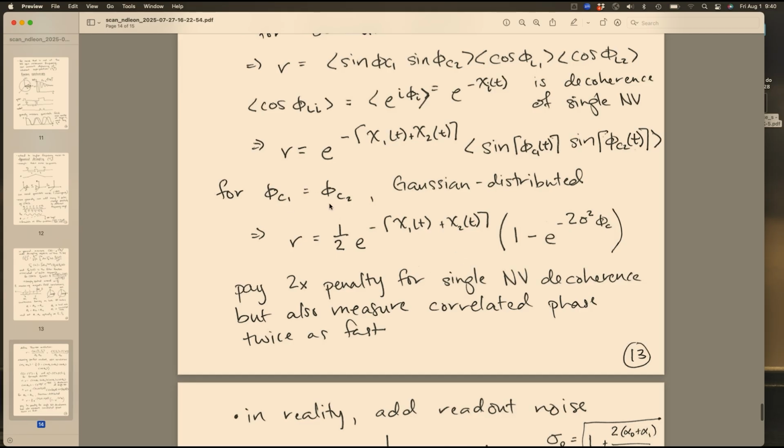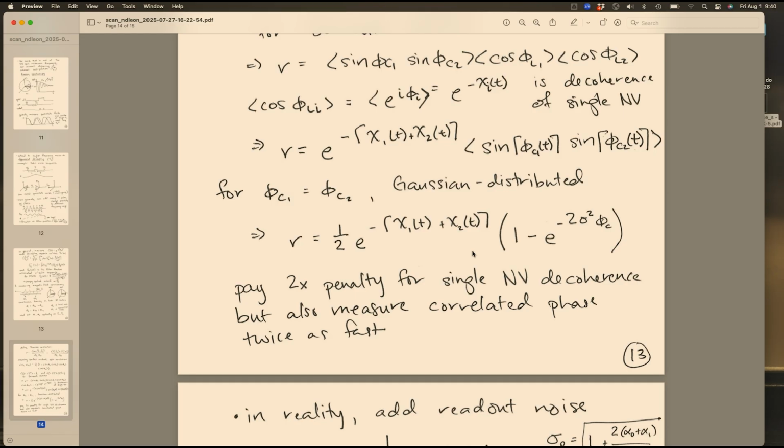So if we assume that the phases are the same, then this Pearson correlator just looks like this, where we have some e to the minus chi 1 plus chi 2. So I pay sort of a penalty of a factor of 2 if the single NV decoherence rates are the same. And this is very generic to quantum sensing, right?